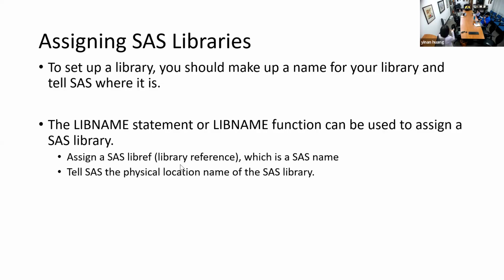After writing LIBNAME, you write the name of the SAS library, like mylibrary or whichever name you want to assign to it. The next thing is to specify the path you want to link to this library.